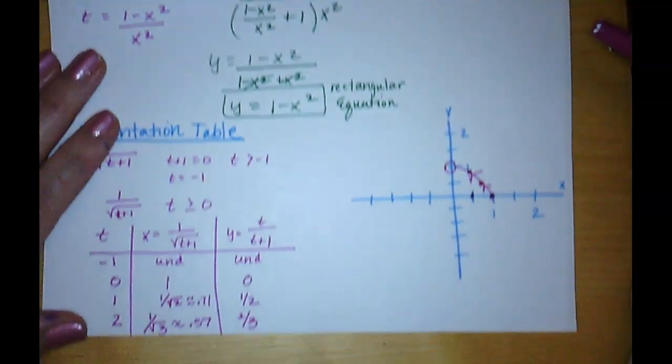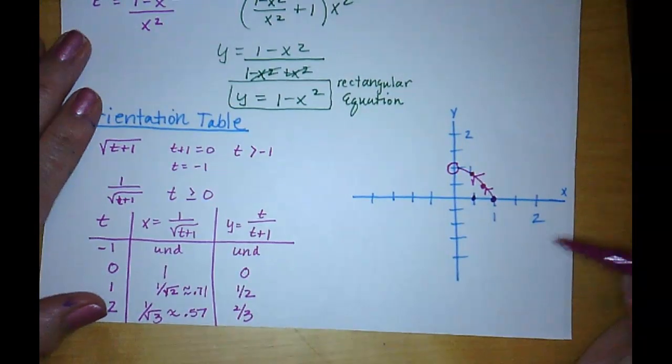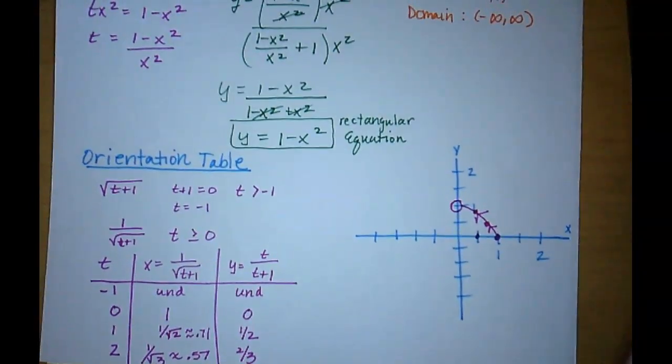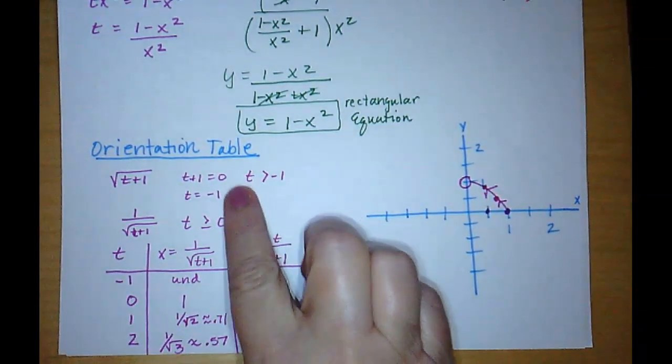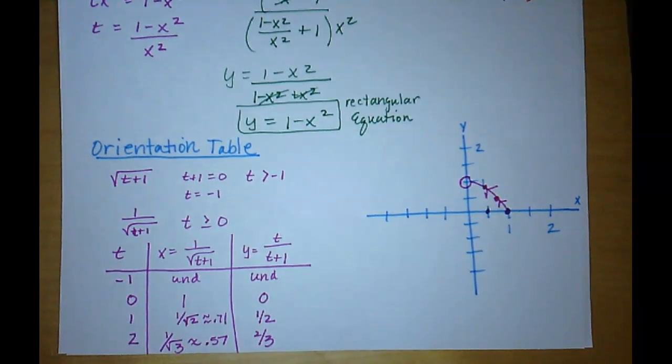However, I don't have that point, so that's what it looks like. So this was the problem 1, as I said last time. And I just felt like, you know, it's a good algebra practice and kind of thinking about domains again, because sometimes you do have to use that domain to help you set this table. And remember, a minimum of 3 points, and you have to have the arrows on your graph.